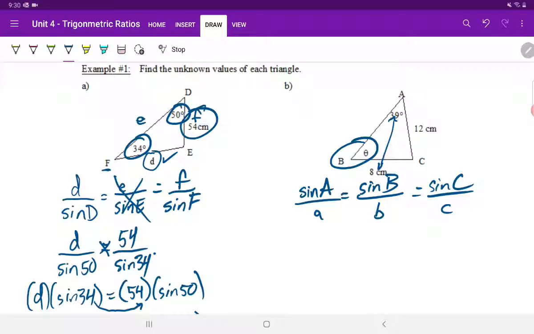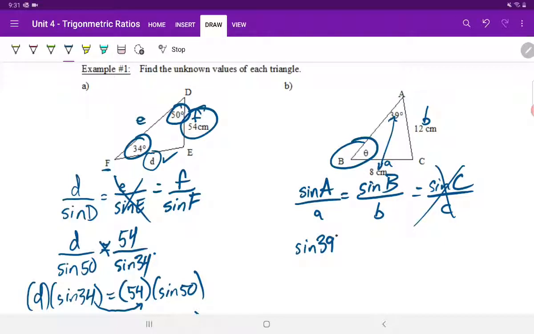You can probably see now, by the way, let's label our triangle. This is lowercase a, this is lowercase b. You can probably see that there's nothing given for C here, so we're not going to use that ratio. Let's sub in all our values.